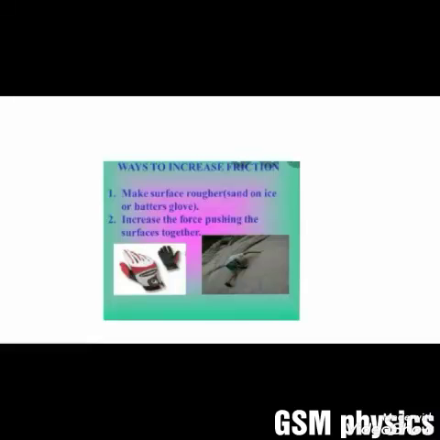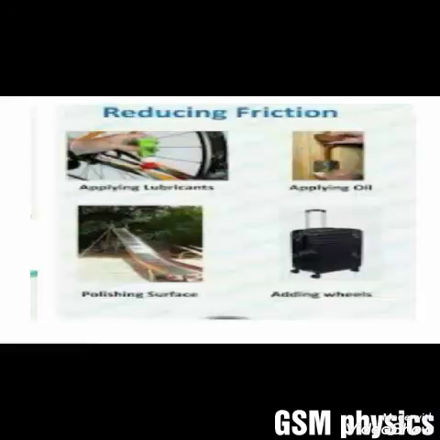Second, increase the force pushing the surface together. See this picture. While climbing on sand or ice, we need gloves that make a rougher surface. Second, pushing on the wall or ground also makes a rougher surface.